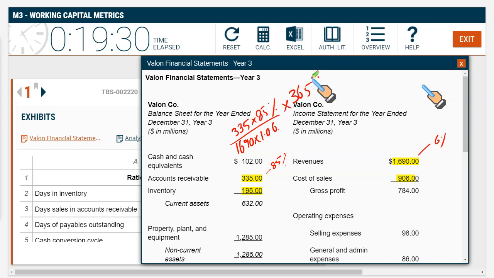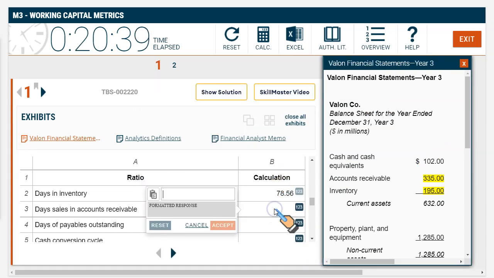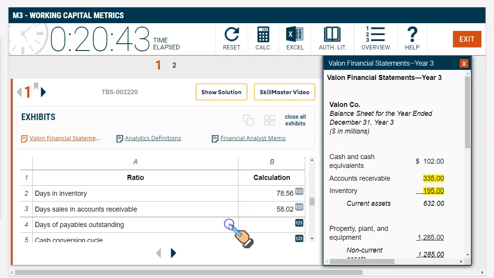What you're going to get is 58.018, which if rounded off gives you 58.02. That is going to be your average collection period under scenario 2. So that's what we're going to input here, 58.02, and there you go.